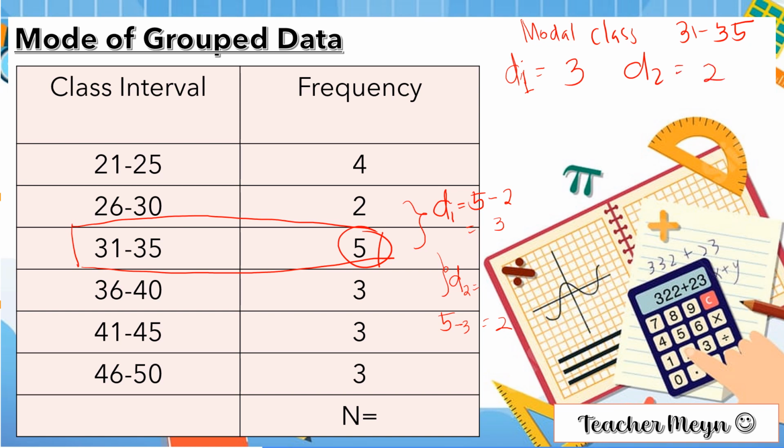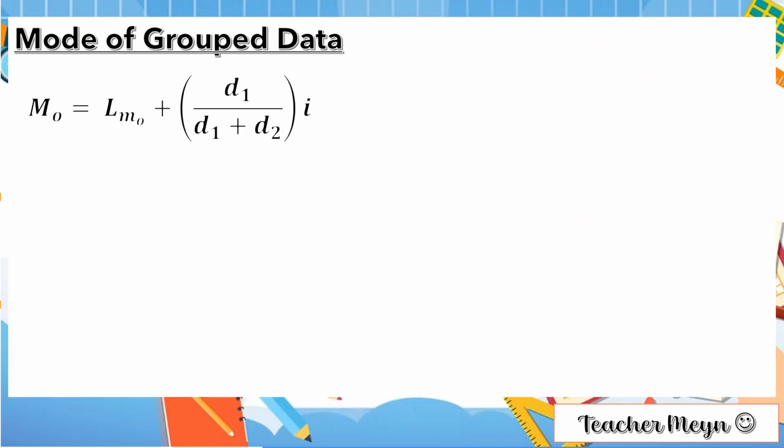Earlier, the total number of frequency was 20. So now, the mode of grouped data. Our modal class in the frequency distribution table was 31 to 35.